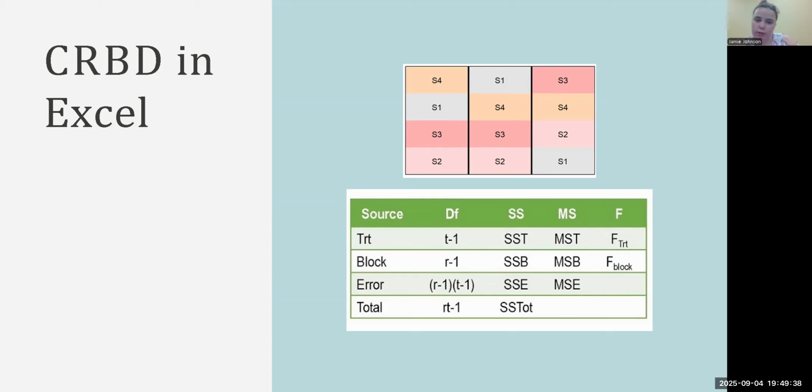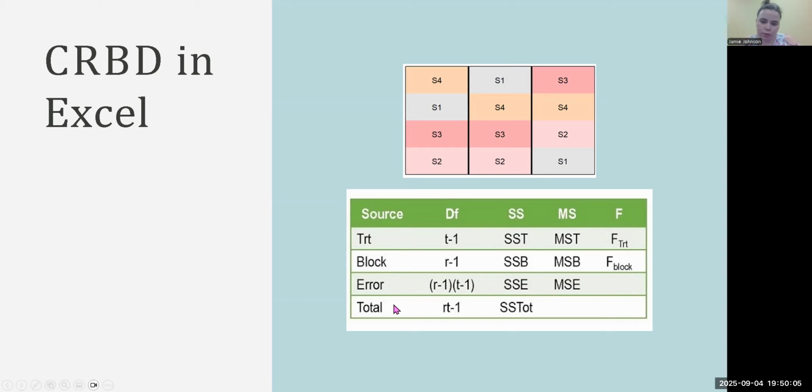Before we jump into Excel, let's talk about our statistical equations. For completely randomized block design, we're going to talk about treatment, blocks, errors, and your totals. Those are the source lines here.